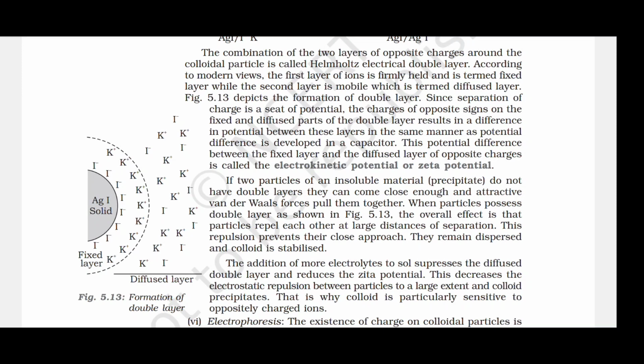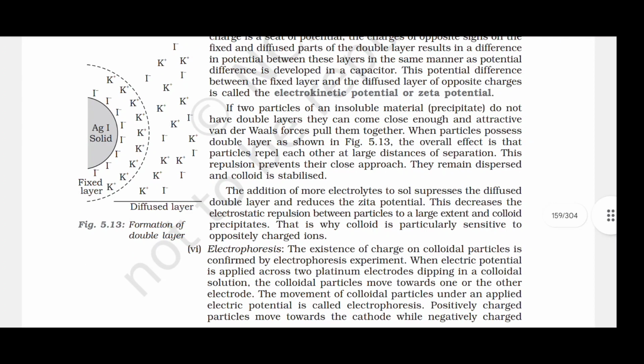They remain dispersed and the colloid is stabilized. The addition of more electrolytes to the sol suppresses the diffused double layer and reduces the zeta potential. This decreases the electrostatic repulsion between particles to a large extent and the colloid precipitates. That is why a colloid is particularly sensitive to oppositely charged ions.